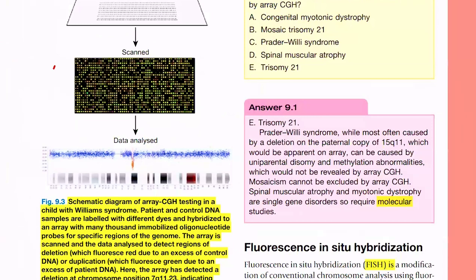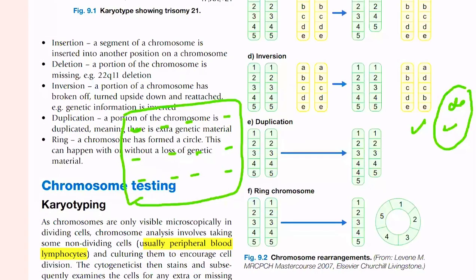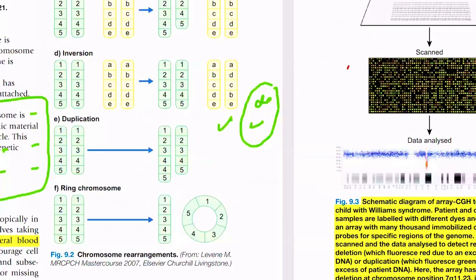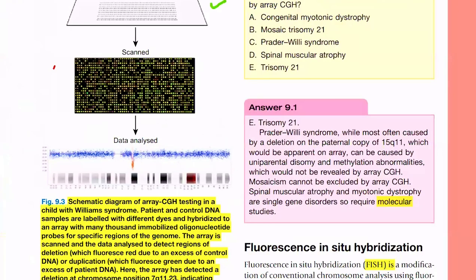Now, what we do: thousands of different probes, fragments of DNA which bind specifically to regions spanning the whole genome, are immobilized on a slide. This slide with this tray is known as an array. I have made a known gene sequence over here.